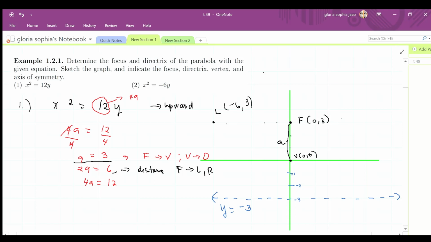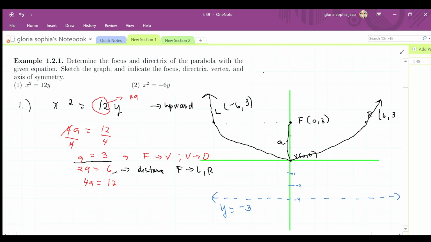So 1, 2, 3, 4, 5, 6. So this is R, that is 6, 3. Okay, now we can trace our parabola. So this should be a smooth curve. Okay, so that is our parabola.